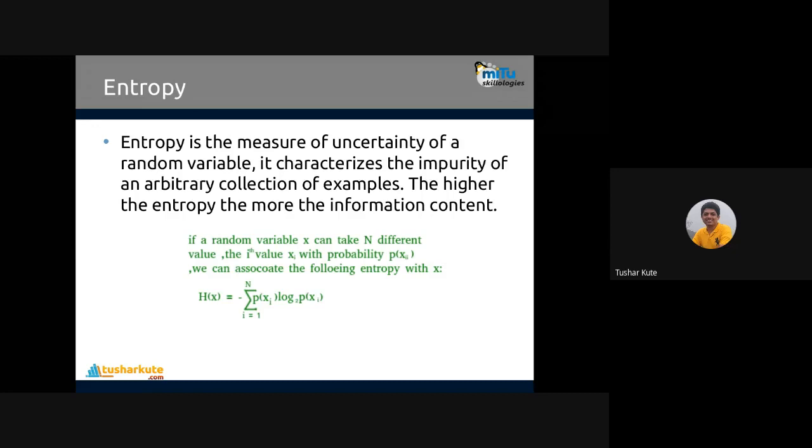If random variable x can take n different values, the ith value xi with probability p of xi, we can associate the following entropy with x: H(x) = minus the sum from i equals 1 to n of p(xi) times log of p(xi) to the base 2. This function is used to find the entropy. So entropy is used to identify the information gain.